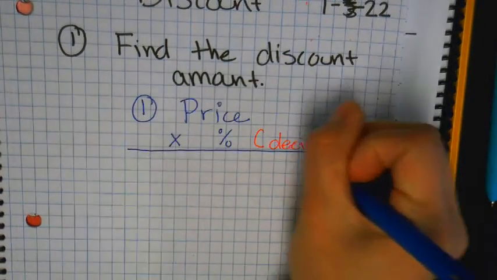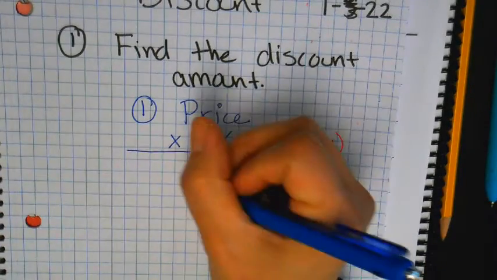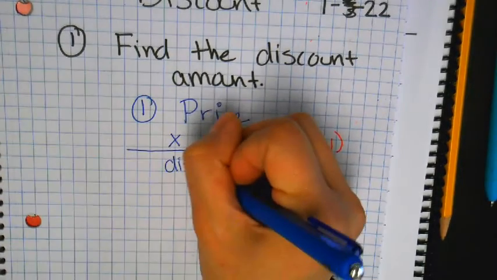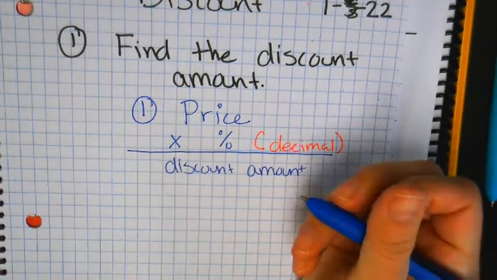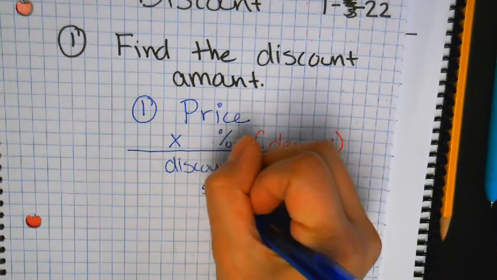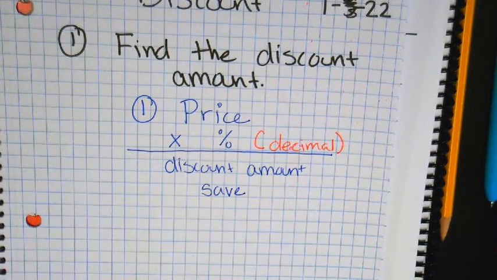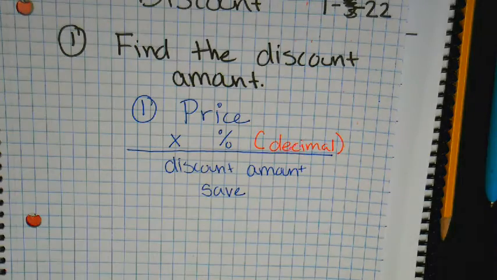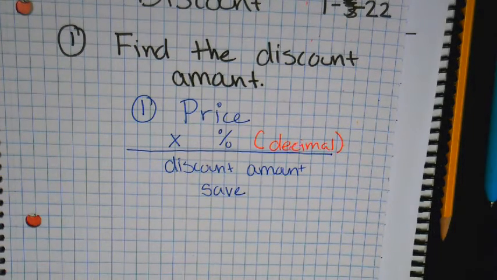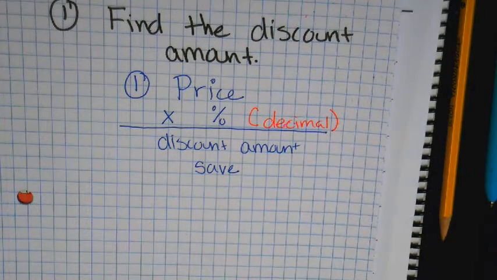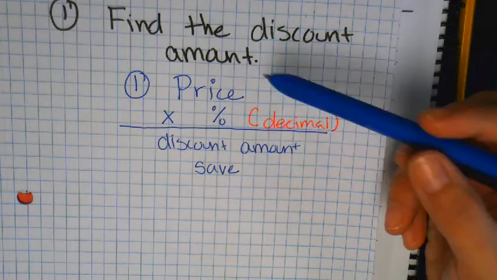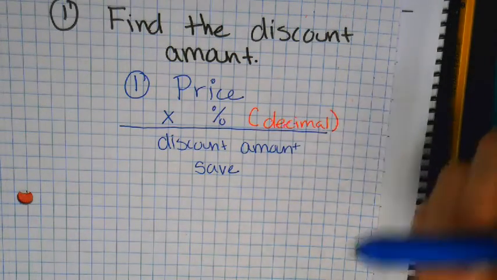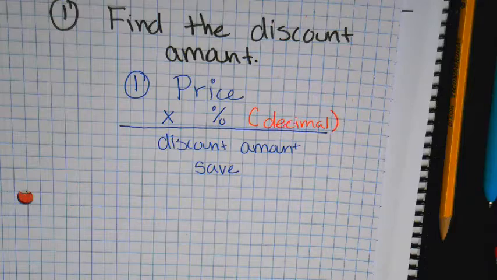So your first step is to multiply. This will give you your discount amount. In other words, how much do you save? Am I going to save $20, $5, $100, $1,000? Again, this gives you your discount amount or how much you save. All right, that's your first step, to multiply.